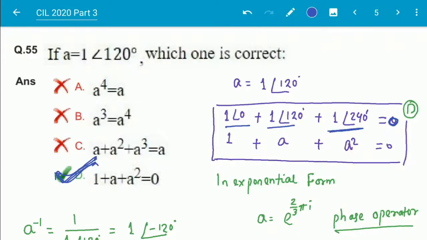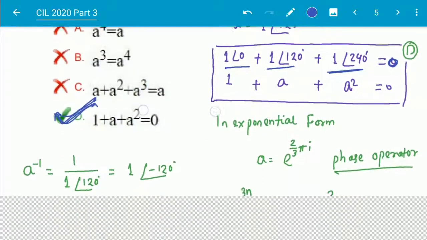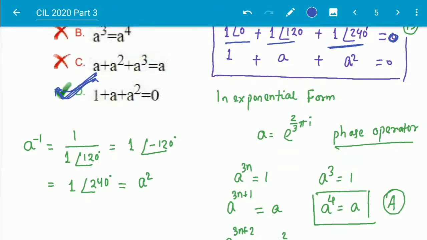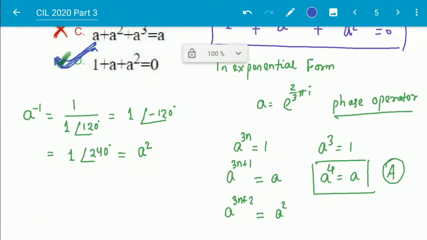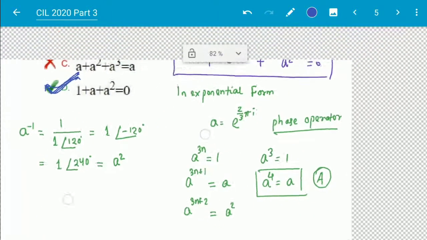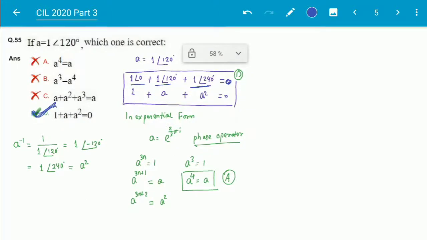And again if we see, A inverse is equal to 1 by 1 angle 120, then it will be 1 angle minus 120, and this is 1 angle 240, which is A square.